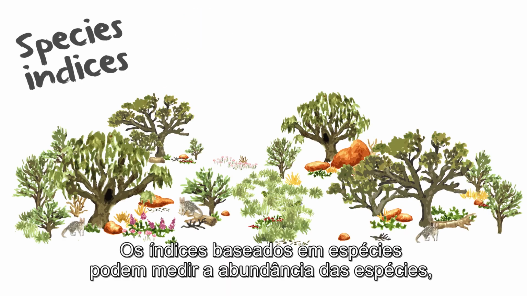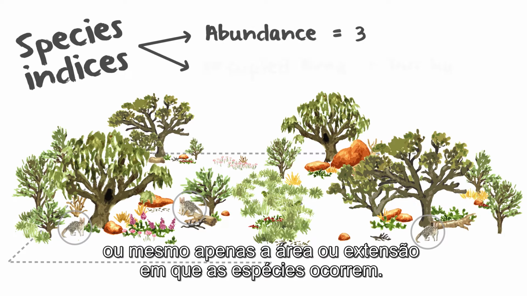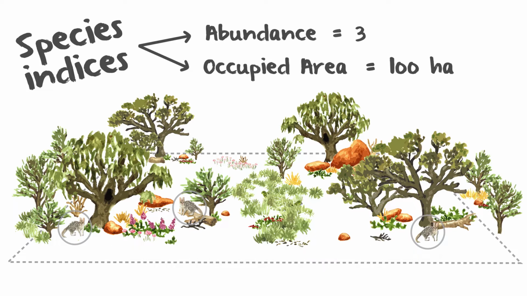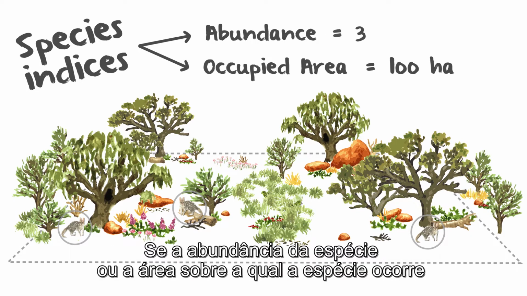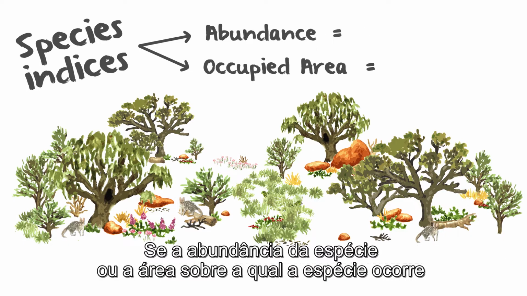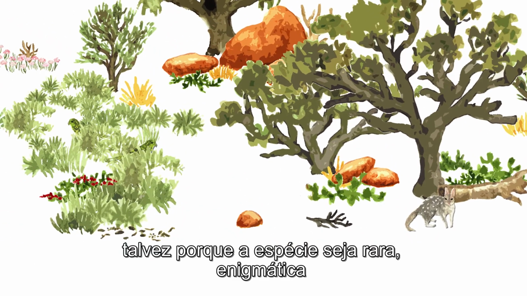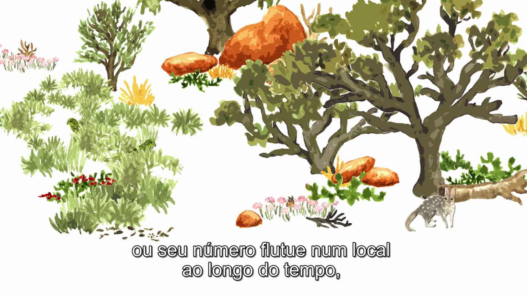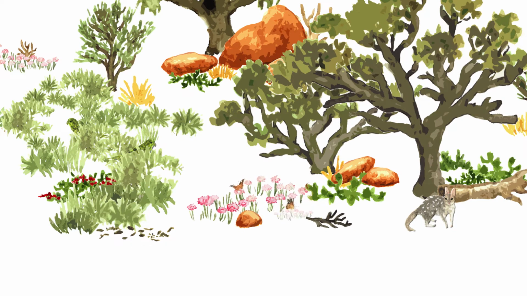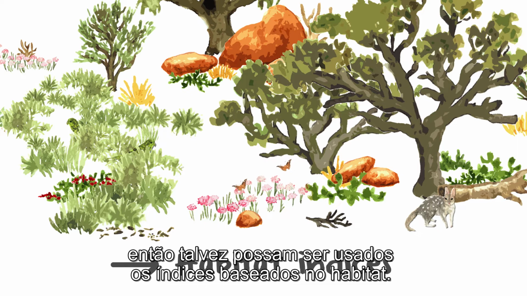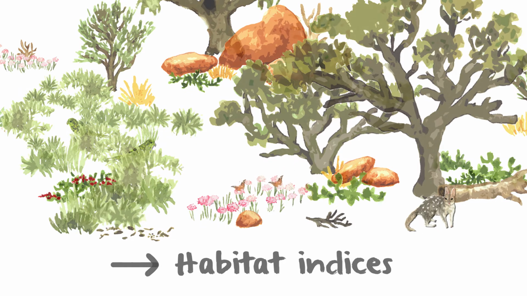Species-based indices may measure the abundance of the species or even just the area or extent over which the species occurs. If the species abundance or the area over which the species occurs is difficult to estimate reliably, perhaps because the species is rare, cryptic, or its numbers fluctuate at a site over time, then habitat-based indices might be used.